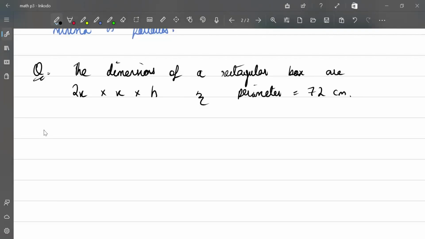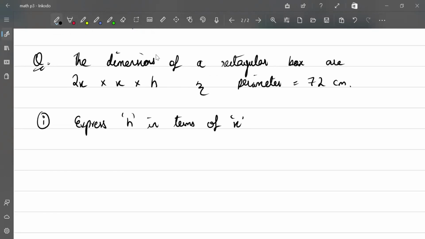So part 1: express h in terms of x. All right. For a proper visual, I'm going to draw a box here.